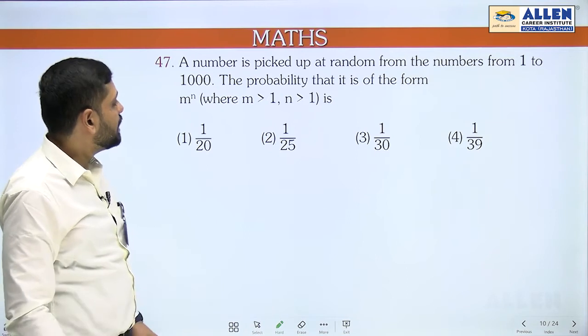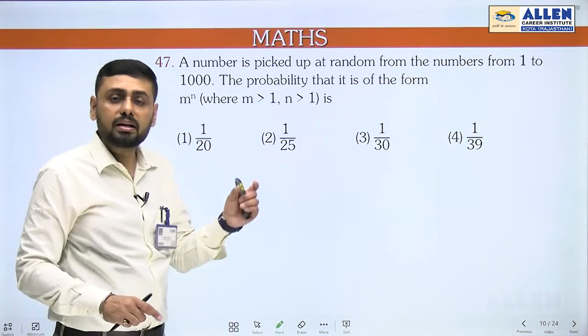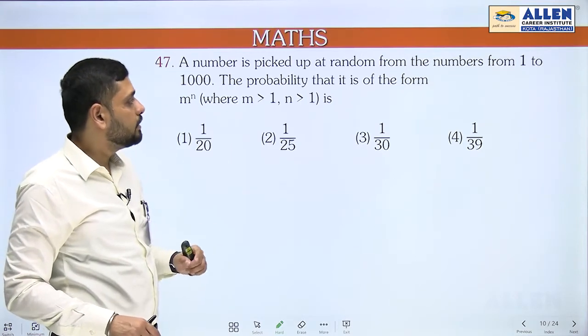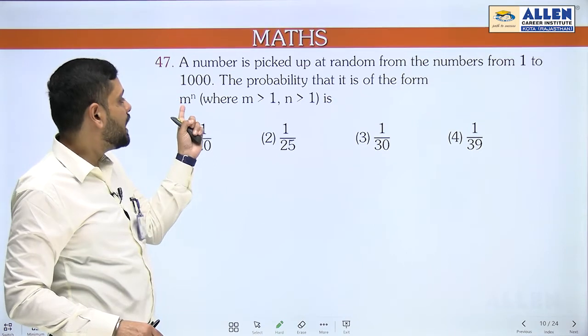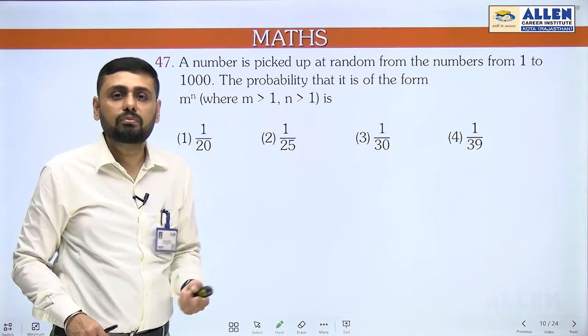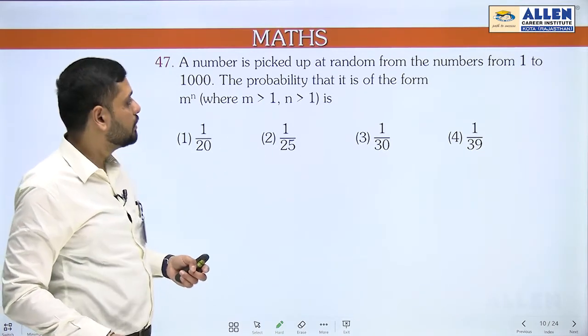The next question is: a number is picked at random from the numbers from 1 to 1000, and we need the probability that it is of the form m to the power n, where both m and n are greater than 1. We need to take the values of m and n greater than 1, right?